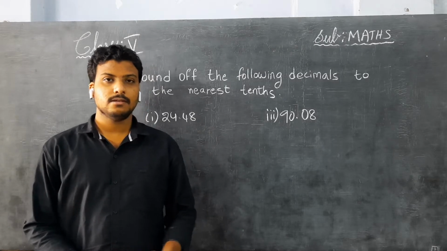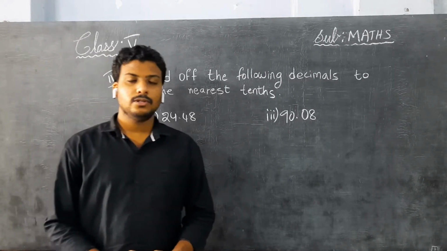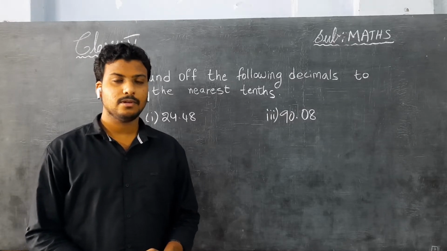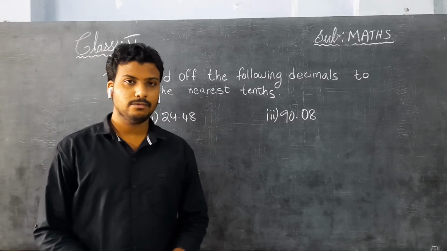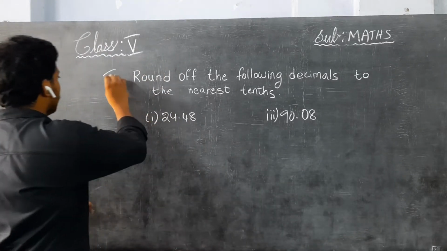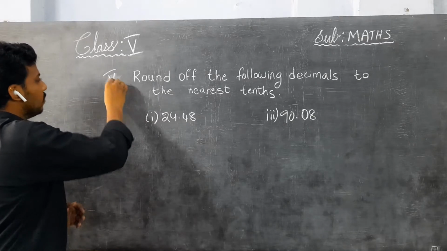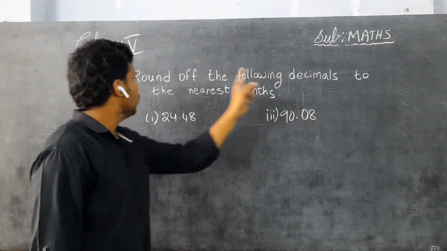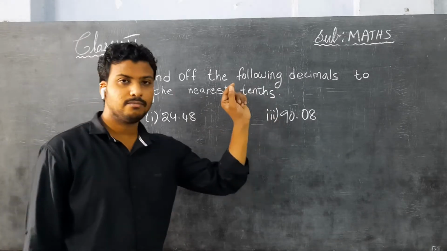5th class. Children, today we are going to discuss Roman number 5. What is that, children? Round off the following decimals to the nearest tens.